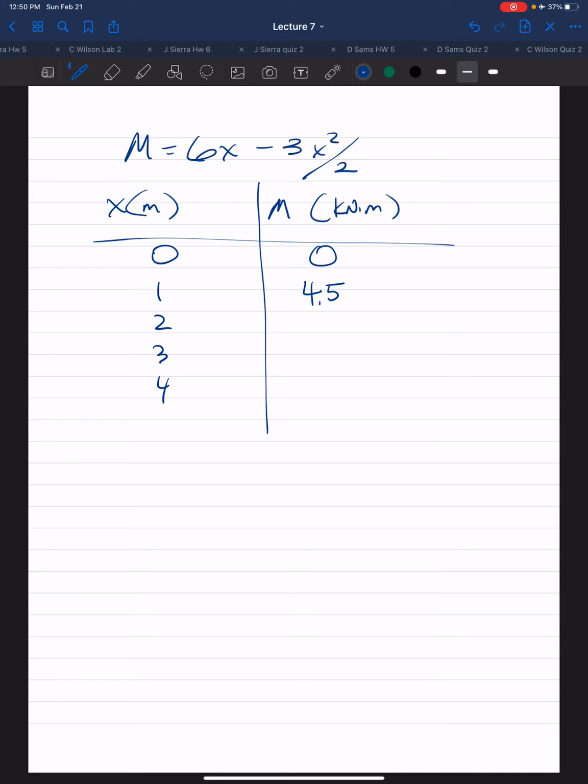When x equals 2, m equals, 2 squared is 4, 4 over 2 is 2, so 6.